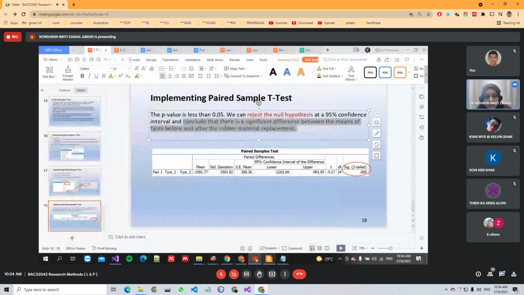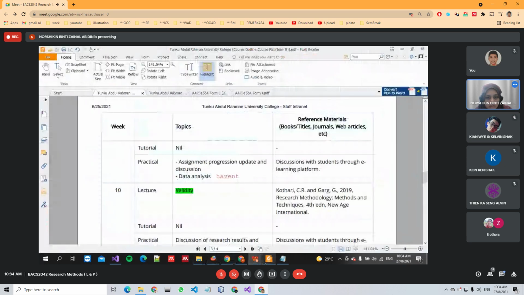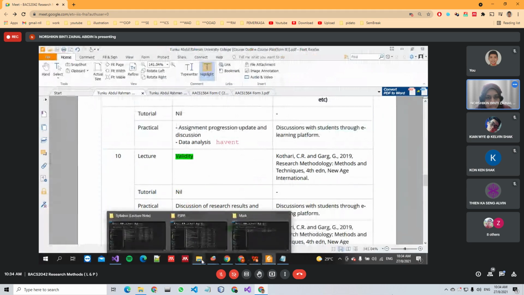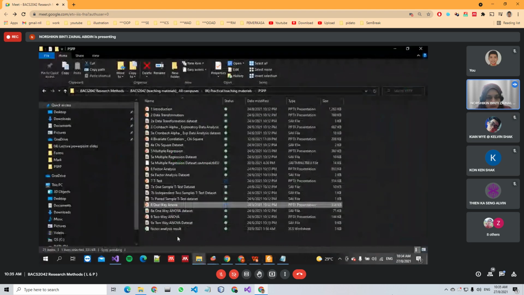Okay, so that one is for practical 7A. So next week for our practical, we will go for the ANOVA data set. But for your assignment, you need to try this one if you think that you want to use ANOVA.